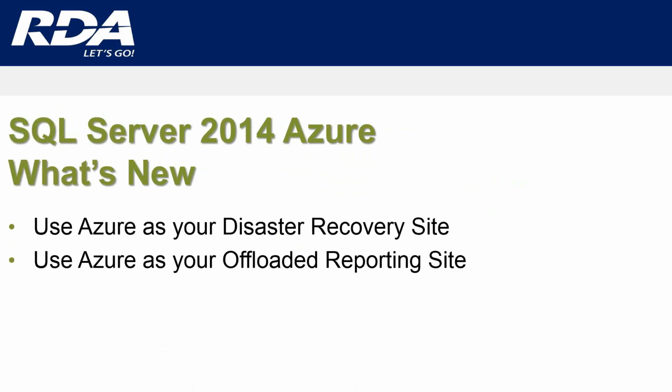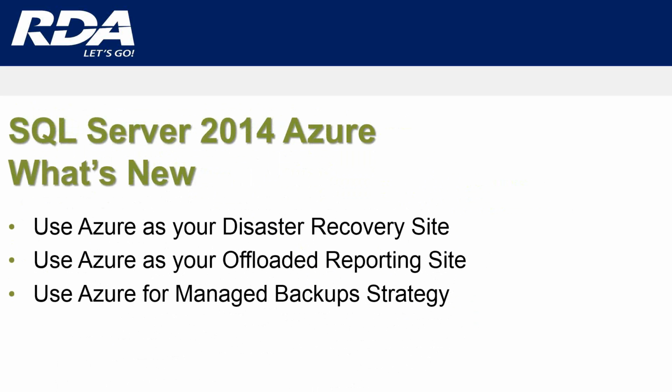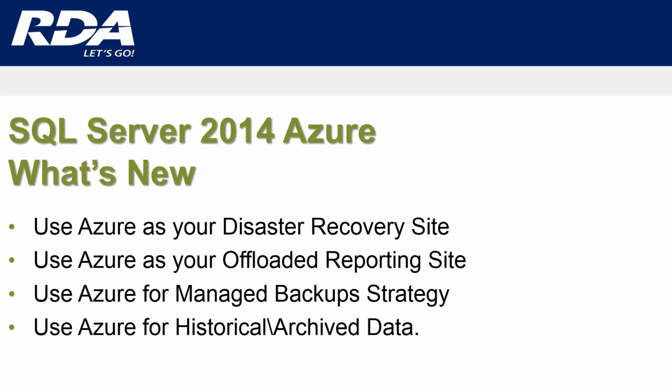Both of these first two features, disaster recovery site and offloaded reporting site, use a technology called Always On availability groups. In addition to that, we have using Azure for a managed backup strategy, and also how we can use Azure for historical and archive data.